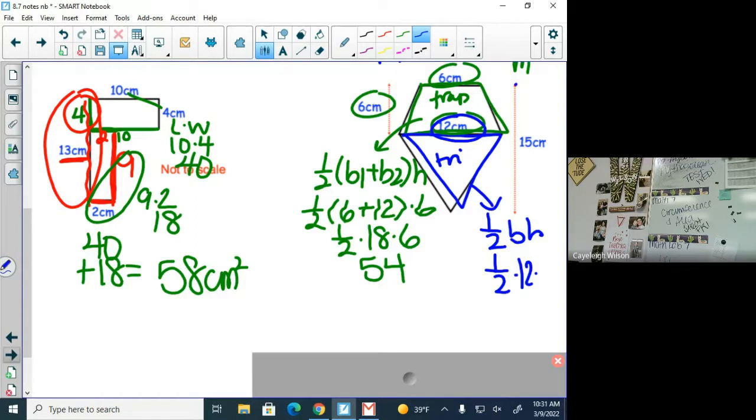But from the top to the middle is 6. So the middle to the bottom, 15 minus 6, this is 9. So 1/2 times 12 times 6 is 54 again. And 54 plus 54 is 108. 108 centimeters squared.